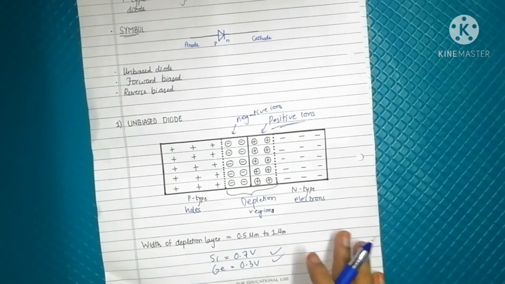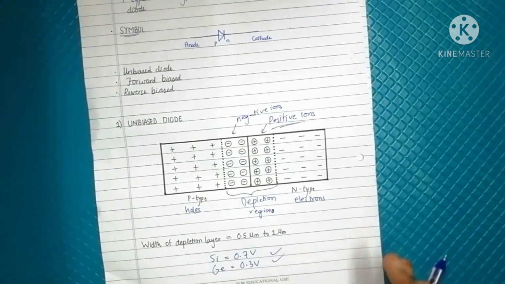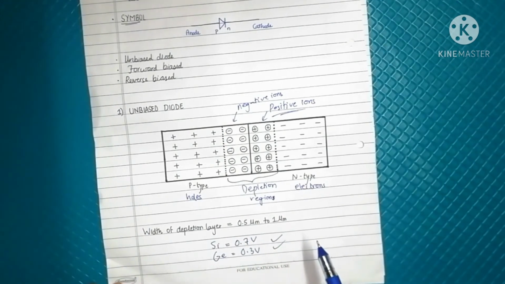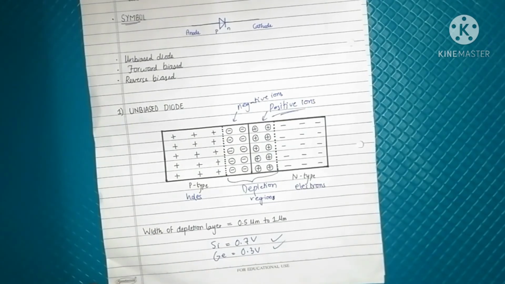So this was about unbiased diode, and this width of the depletion layer is of the order 0.5 micrometers to 1 micrometer. In unbiased condition, the flow of majority carriers and minority charge carriers cancels out each other and so the overall current is zero.